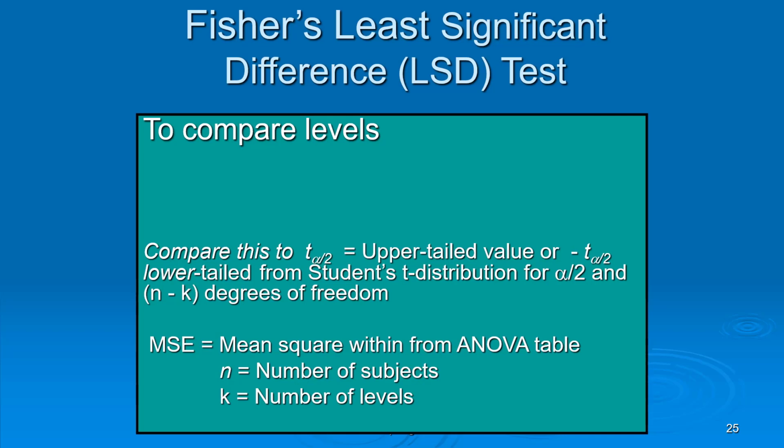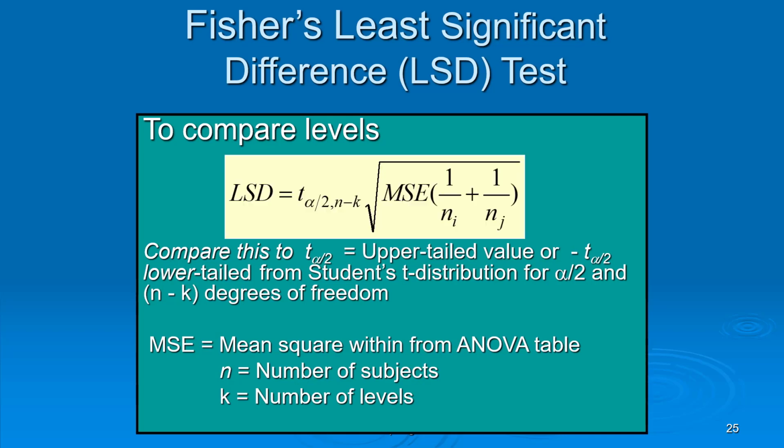Here is the formula. If the assumption of homogeneity is violated, you should use the formula that makes no assumption about the population variance. Since we'll be making multiple comparisons, we should correct for the inflated family-wise error rate, the probability that at least one of the comparisons will result in a false rejection of the null hypothesis.